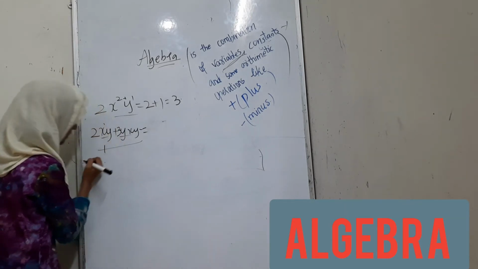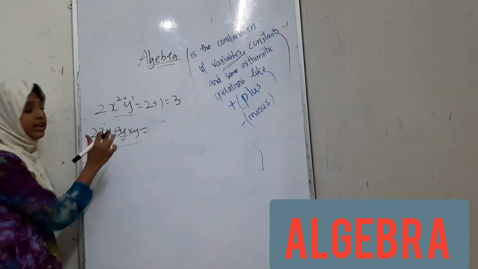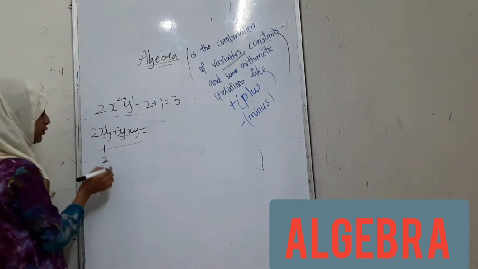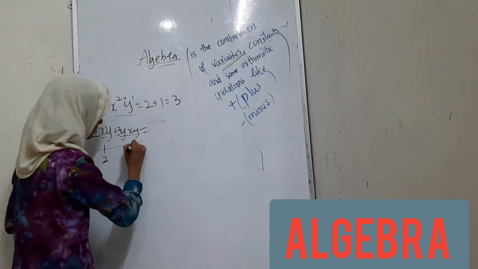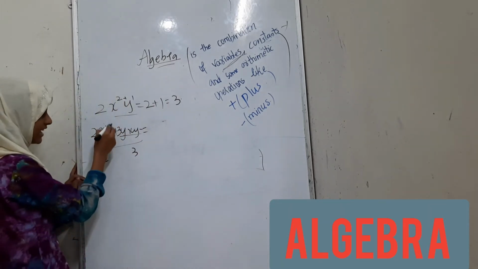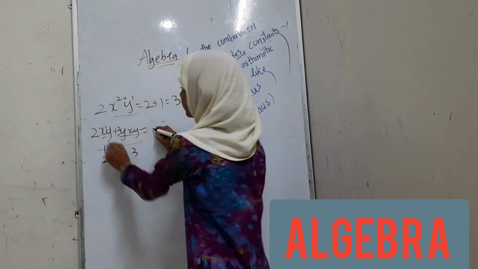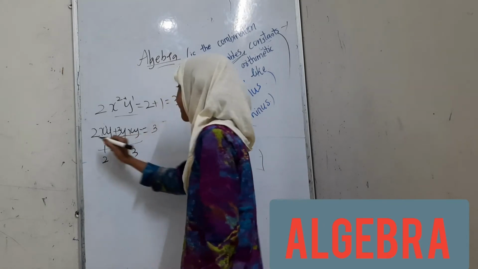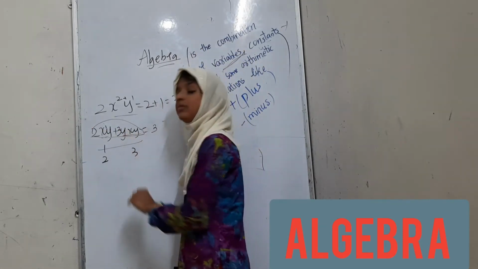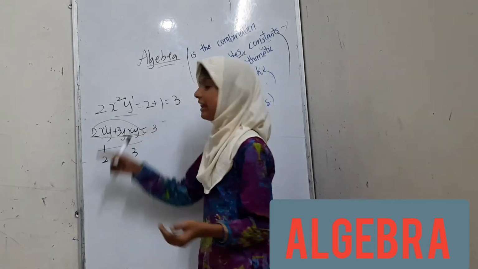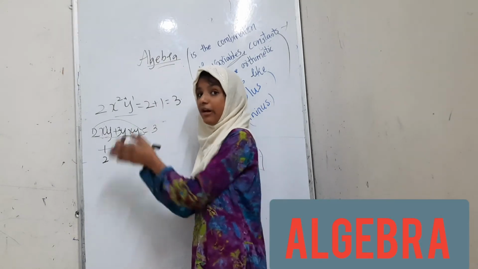The degree of the first term is 2, because we have no powers here, so 1 and 1 makes 2. In the second term we have 3 variables, so the degree is 3. The highest degree of the terms is the degree of the expression. So the degree of the given expression is 3, because the second term has a degree more than the first term, so we must consider the second term's degree as the degree of the expression.